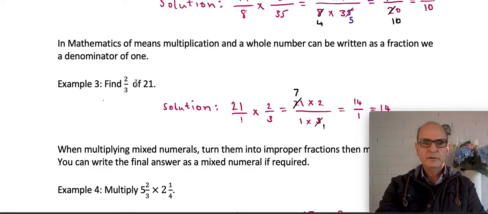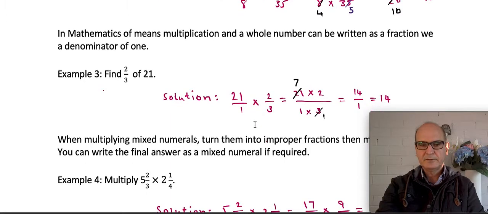Find 2/3 of 21. We said of means times or multiply. So then I'm going to write 21 times 2/3. But before doing that, I'm turning 21 into a fraction. We said that any whole number can be written over 1 to change it into a fraction.